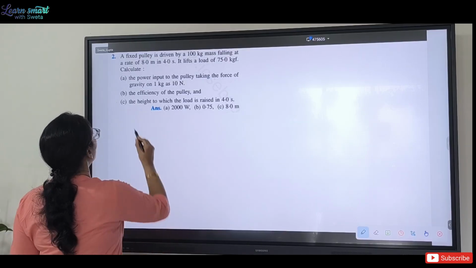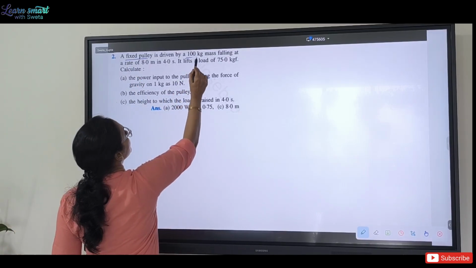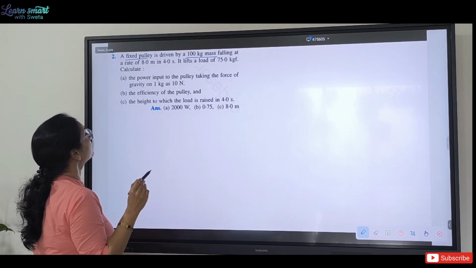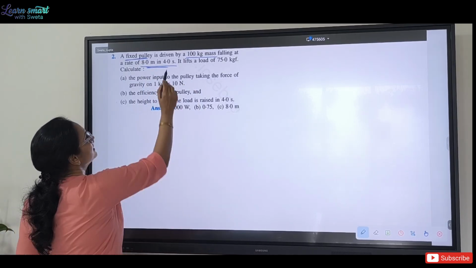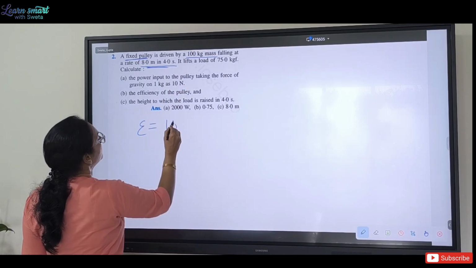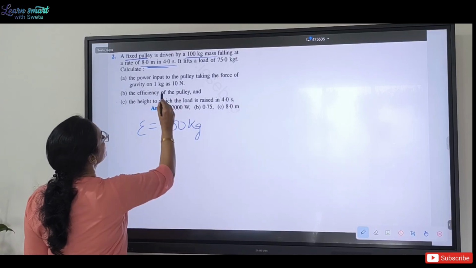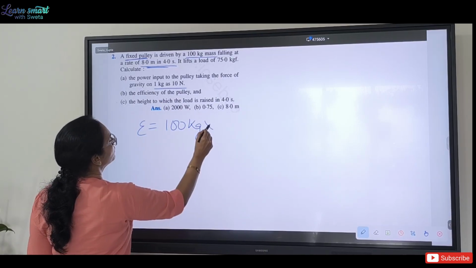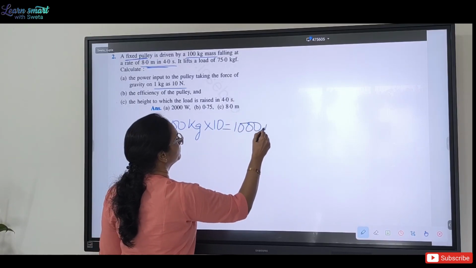Now question number 2. Question number 2 is a fixed pulley is driven by a 100 kg mass falling at a rate of 8 meter in 4 seconds, which means that this is the effort. So effort given is 100 kg and we will convert it, they have told take 1 kg as 10 Newton, so we will get 1000 Newton.